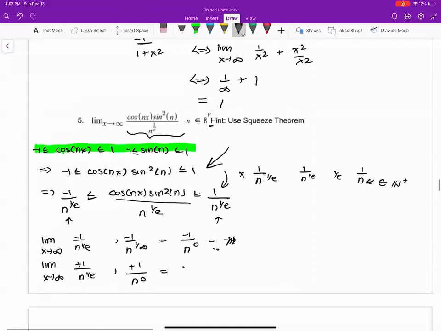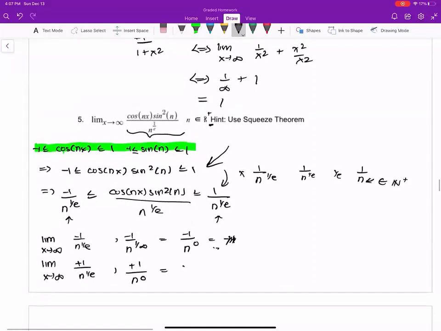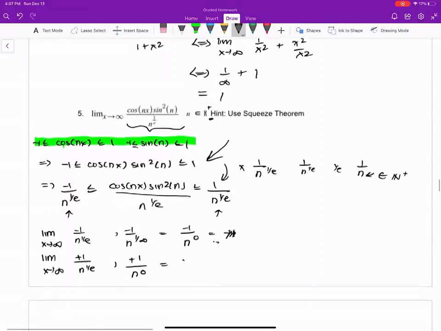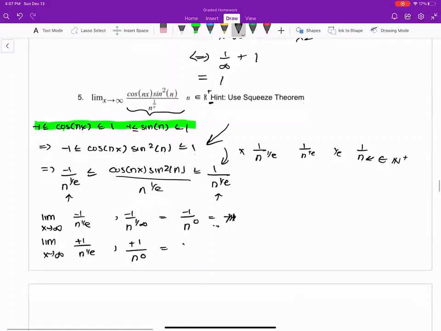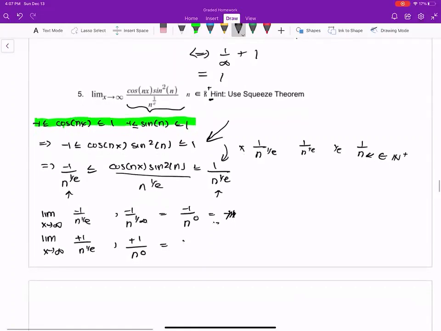I think the question's wrong. Why are we substituting x in? Yeah, the limit should be 0.